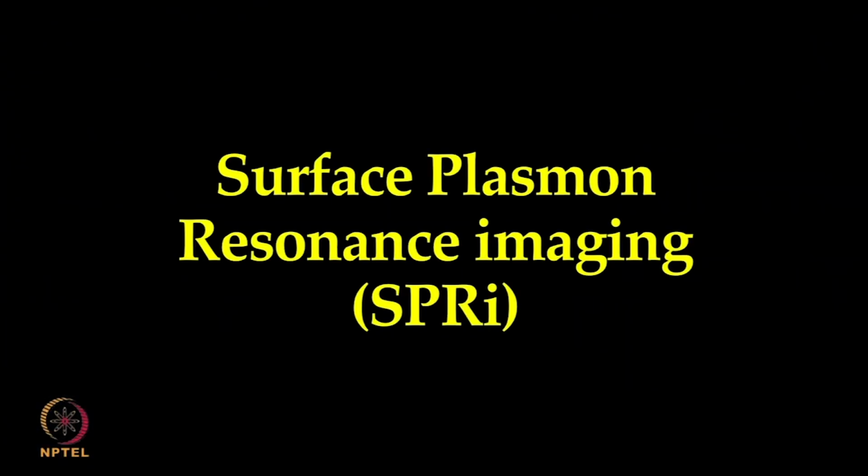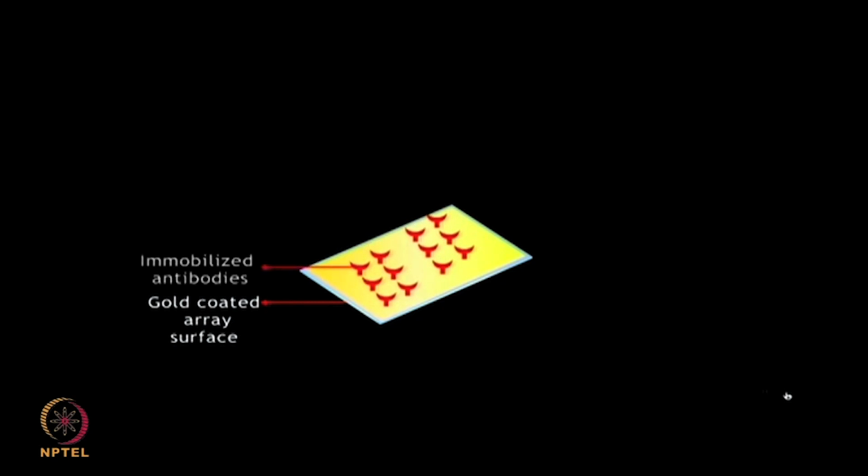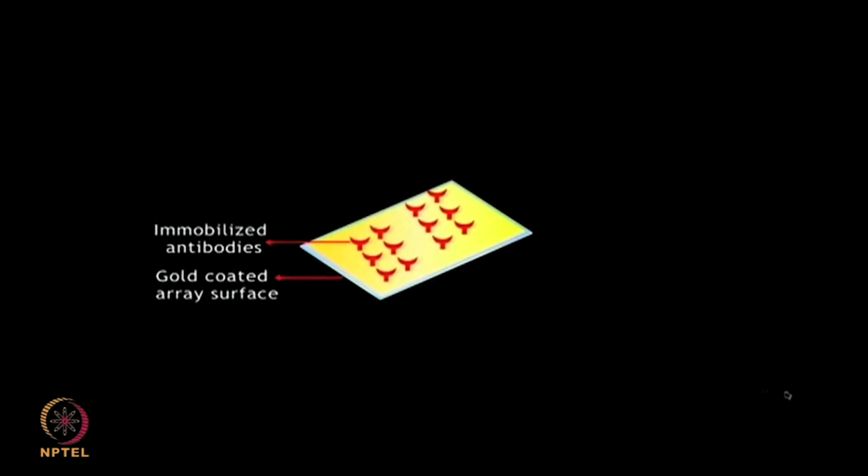Surface plasmon resonance imaging or SPRi. In this technique, a gold coated glass array surface is used for immobilization of antibodies complementary to the target protein of interest.